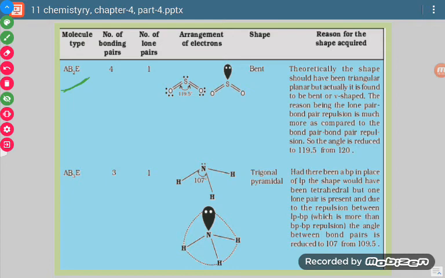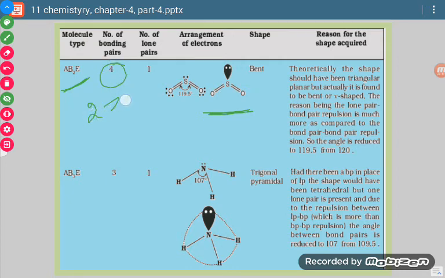So here we take the sulfur dioxide molecule. Sulfur has 6 electrons in its valence shell, so it shares two electrons with both the oxygen atoms. So it forms a double bond with both oxygen atoms. So there are 4 bond pairs around sulfur, but they are in the form of two double bonds.